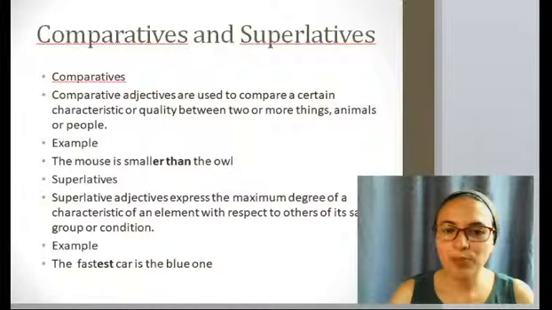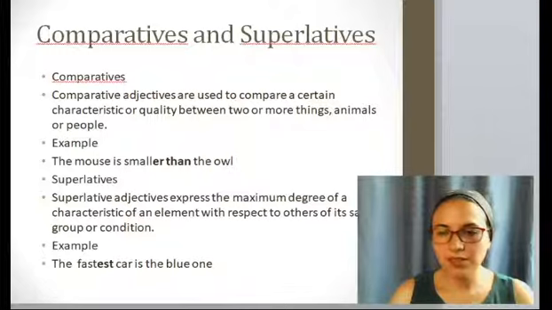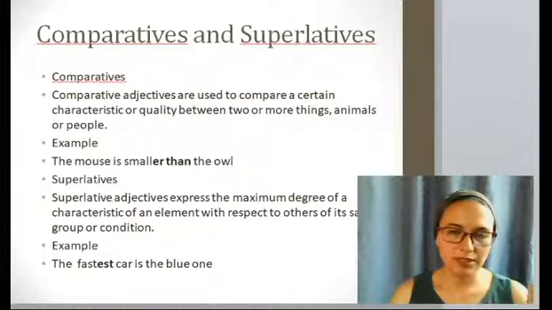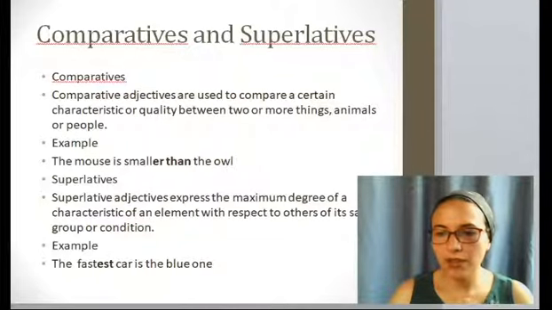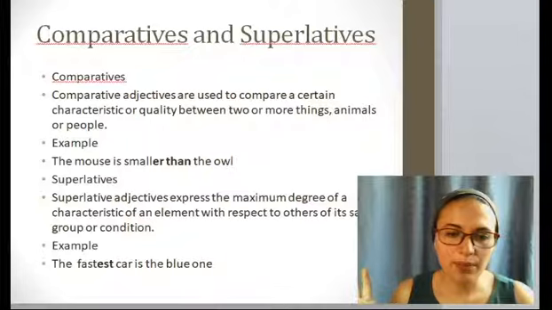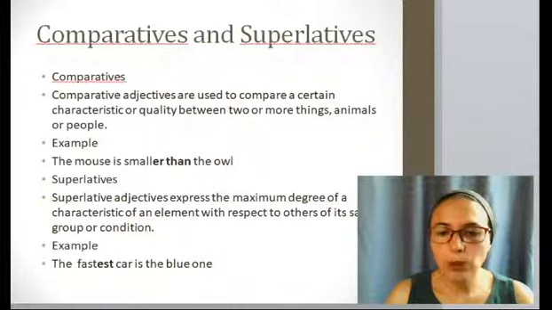Superlative adjectives express the maximum degree of a characteristic of an element with respect to others of the same group or condition. Example: the fastest car is the blue one.